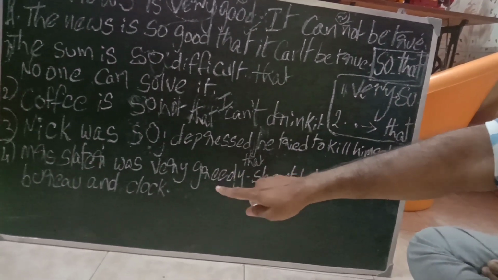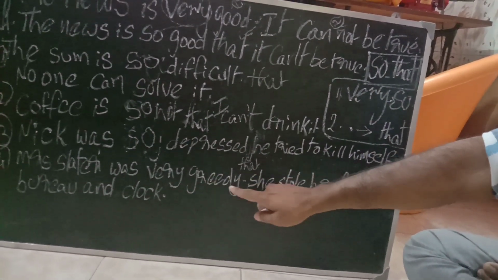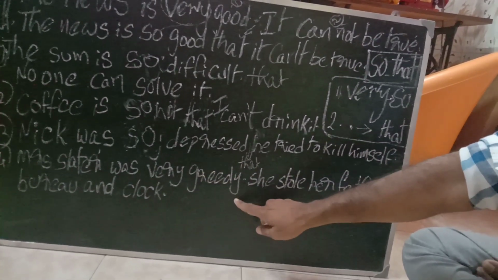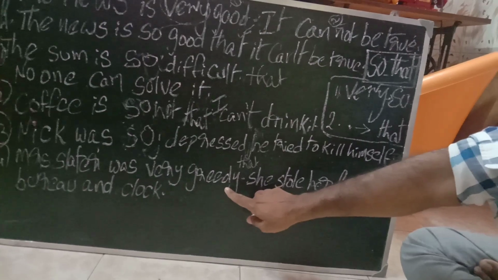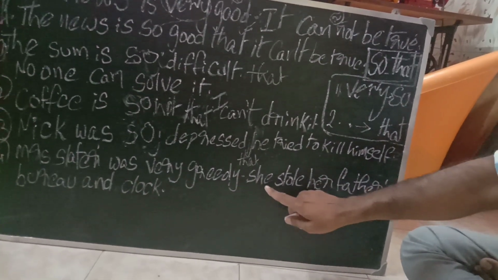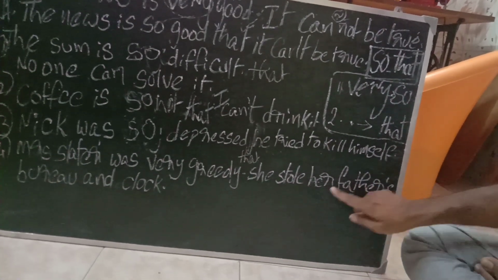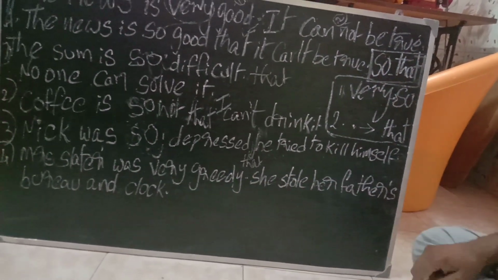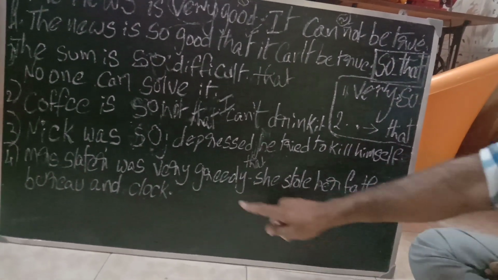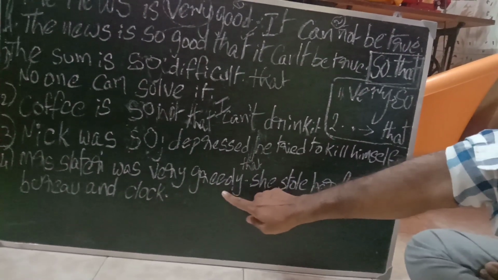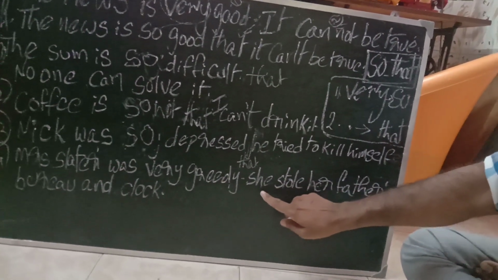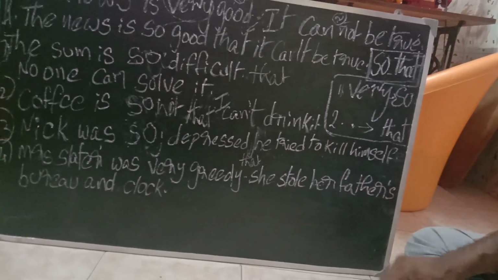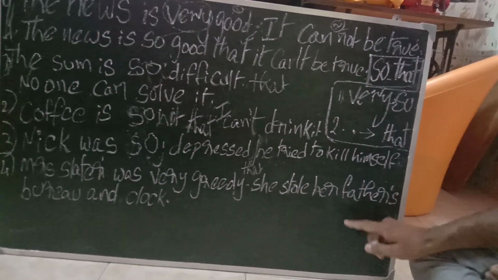And next, Mrs. Slather was very greedy. That is the first statement. The second statement: she stole her father's bureau and clock. Now we have to convert this into "so that".